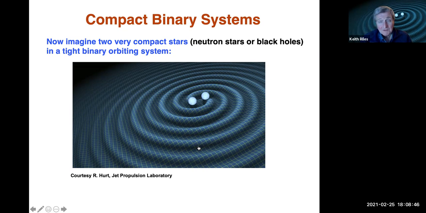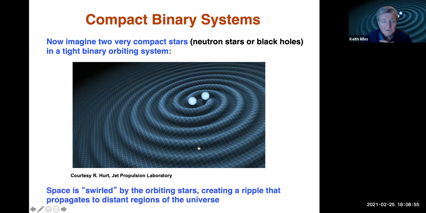They can be going around each other at large fractions of the speed of light. And in that situation, they're basically swirling space quite noticeably. It's not a static or slow moving disturbance, it is a rapidly moving disturbance. And those swirls or those ripples can travel to distant regions of the universe where we can try to detect them.